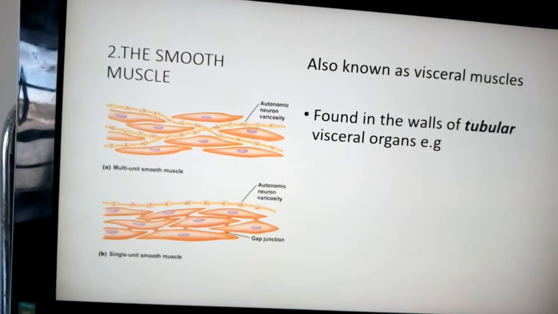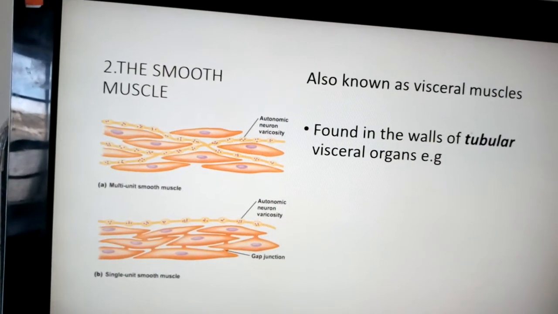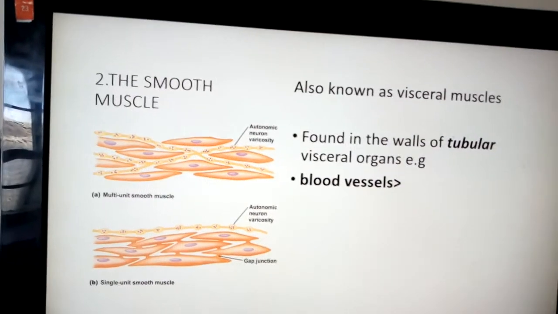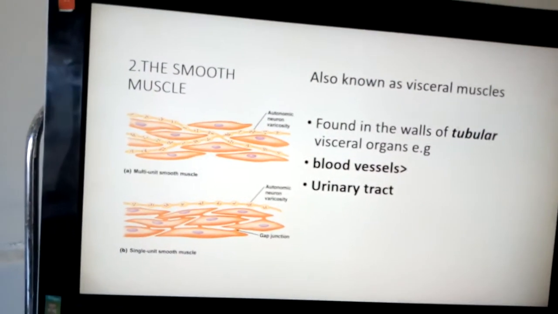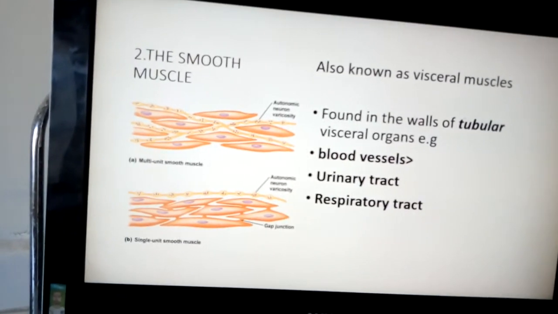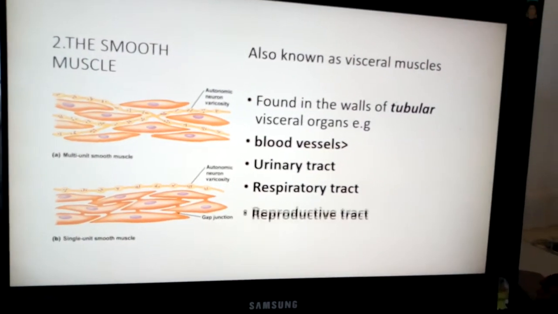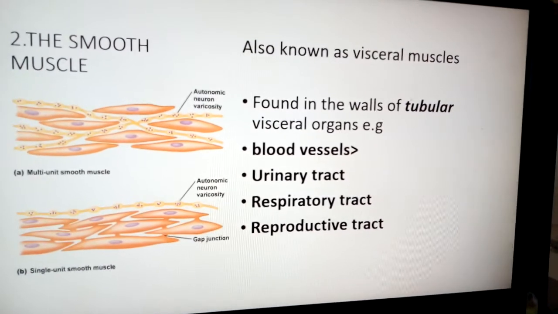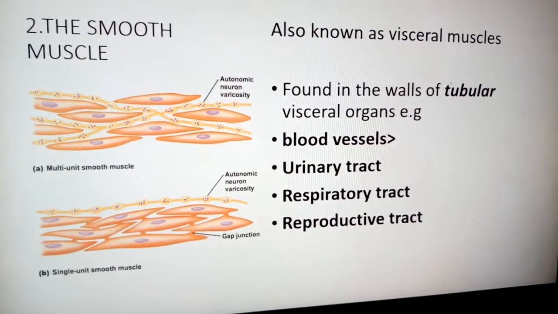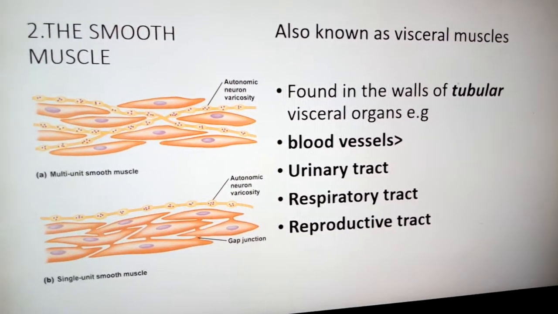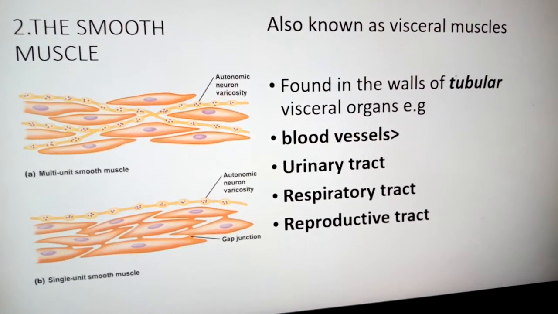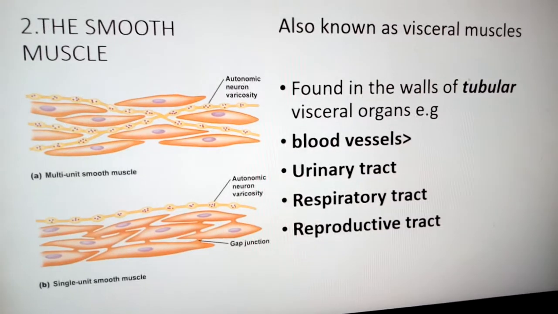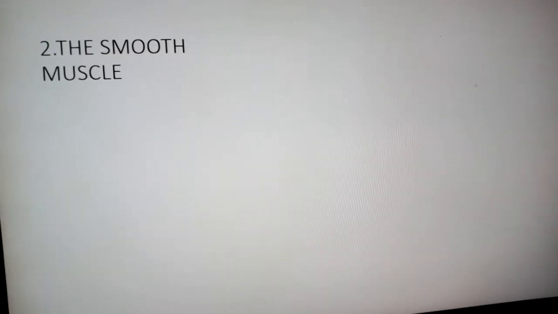It is found in the tubular visceral organs, and such organs may include the blood vessels, the urinary tract, the respiratory tract, and the reproductive tract. All these tracts here, including the alimentary canal, comprise smooth muscle. This is to enable smooth movement of substances across them.